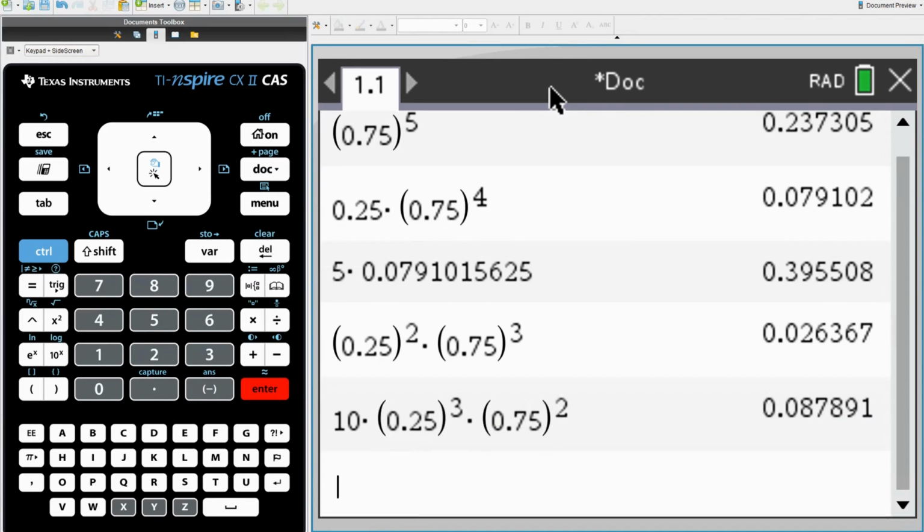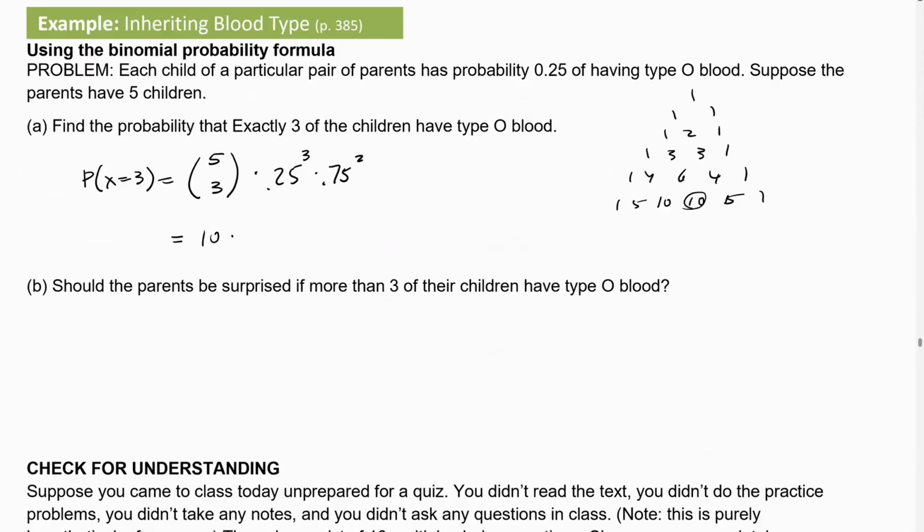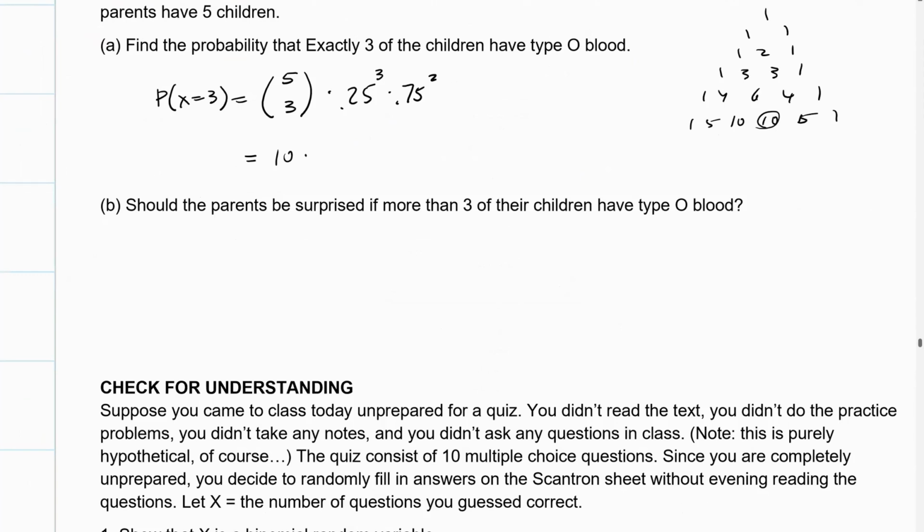And that's 0.089. Now, would you be surprised if more than 3 children have type O blood?